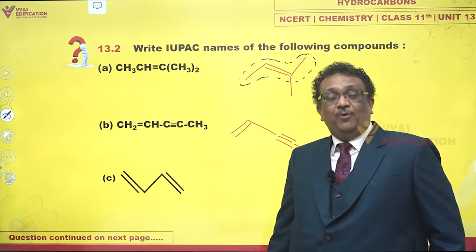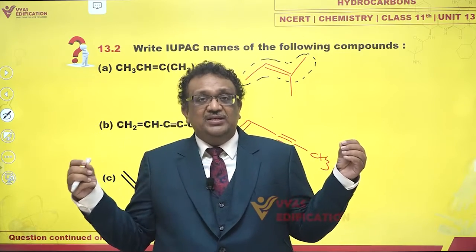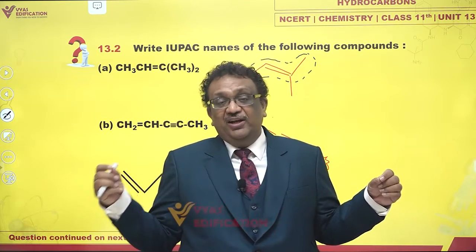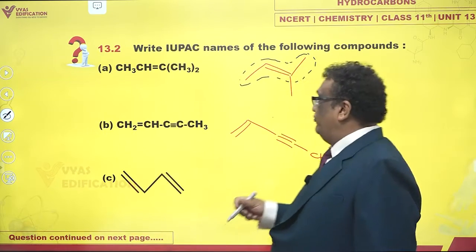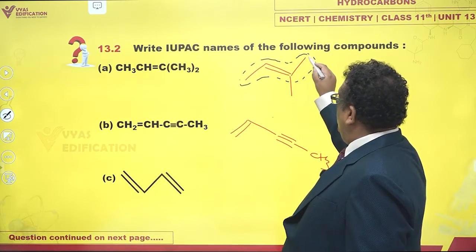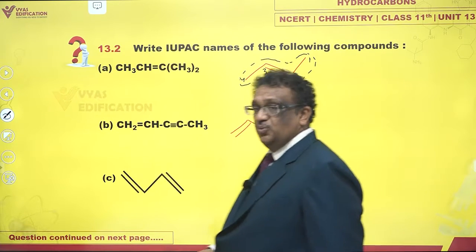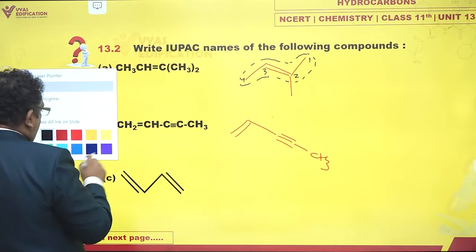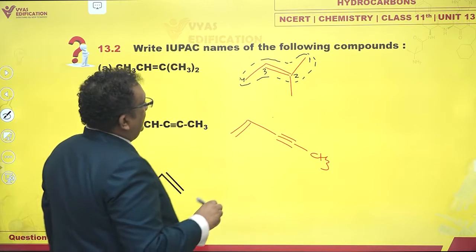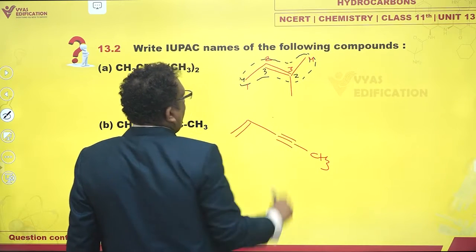Every chain has two ends, and I have to start giving numbers from one end, 1, 2, 3, 4, or opposite 1, 2, 3, 4. This is one way of numbering it, the black way, and there could be a red way.